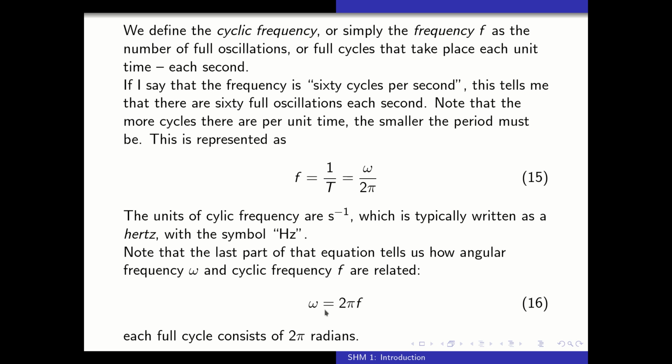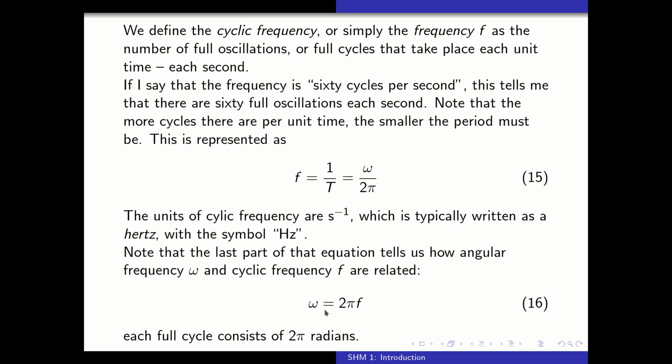For example, the electricity that comes from the wall outlets in the United States is 60 hertz, it oscillates at 60 cycles per second. There are 60 full oscillations of that electric current supplied by that wall outlet.